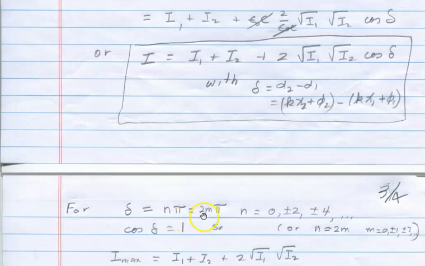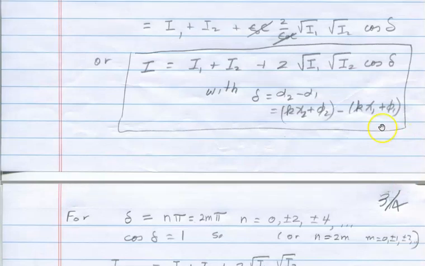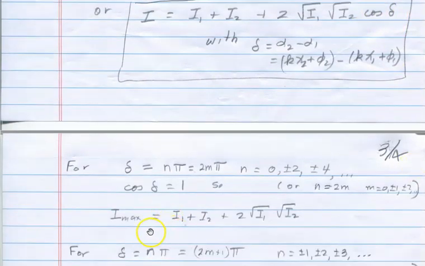And sometimes people write this as 2m times pi, where m is an integer, 0, plus or minus 1, plus or minus 2. It's just equal to 2m. So you see both ways to write it. One, you have to spell out what n is, and here it's understood that m is an integer, could be positive, negative, or 0. And in that situation, the cosine of delta is 1, and you get the largest intensity you could possibly get, this form here.